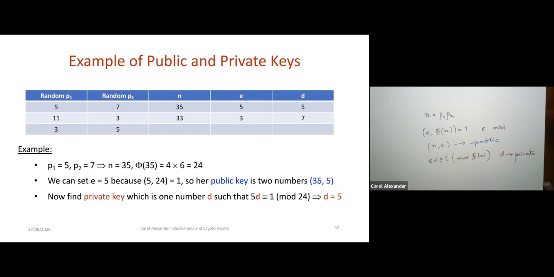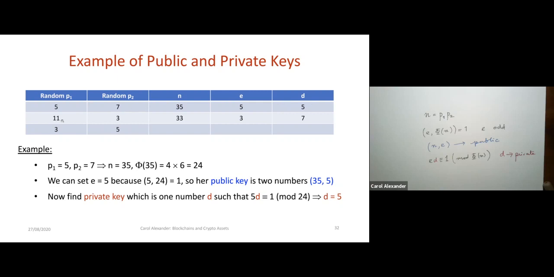So the public key is 35, 5. And then the private key is some number D such that E, that's 5, times D is congruent to 1 mod phi n, mod 24. So 5 5s are 25, take off 1 is 24. So D is 5 in this case.